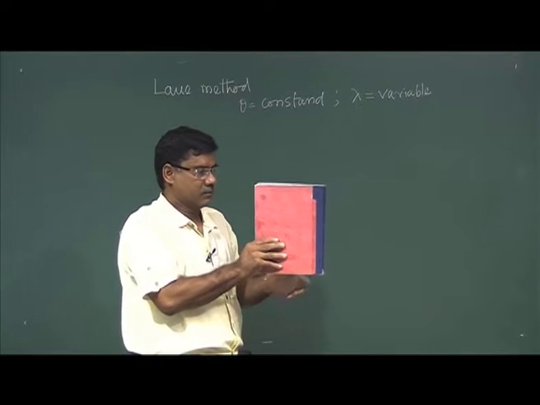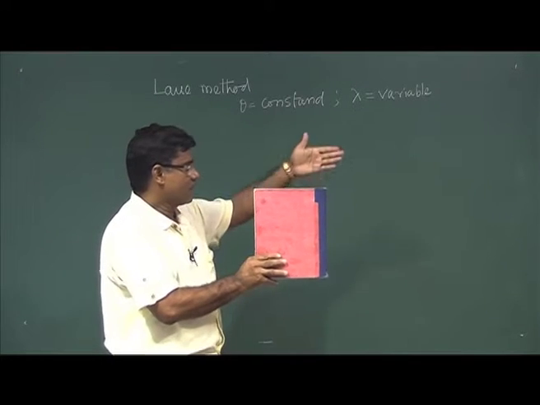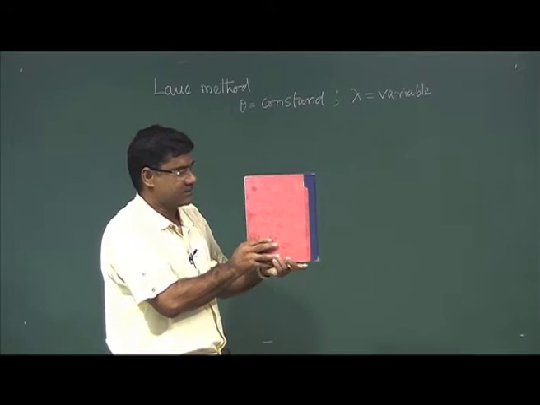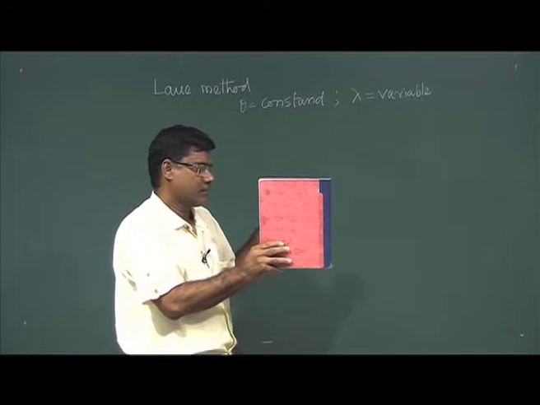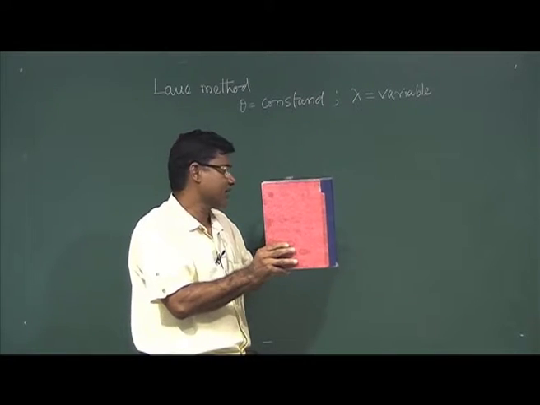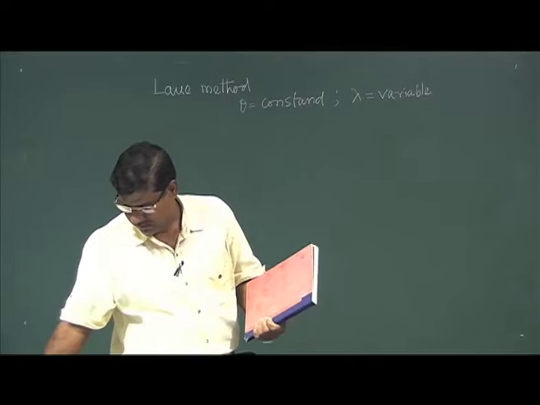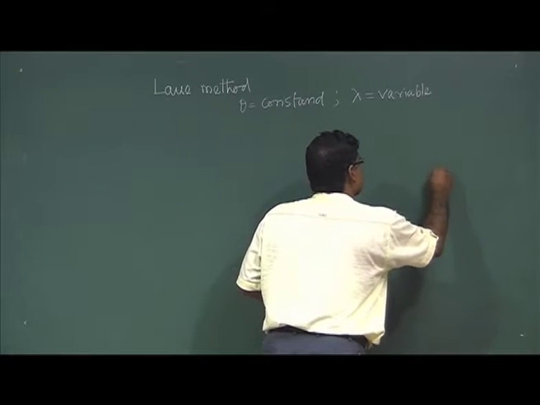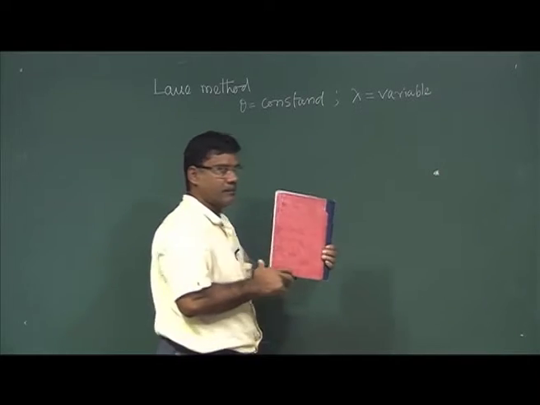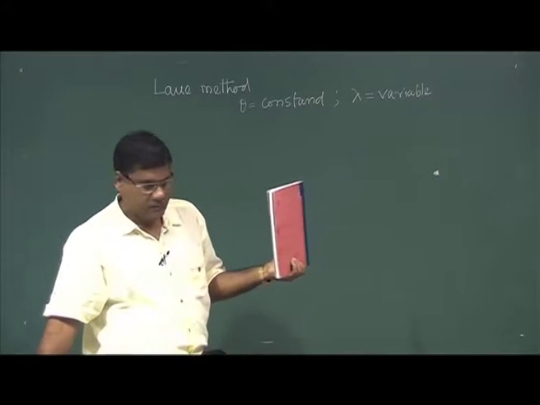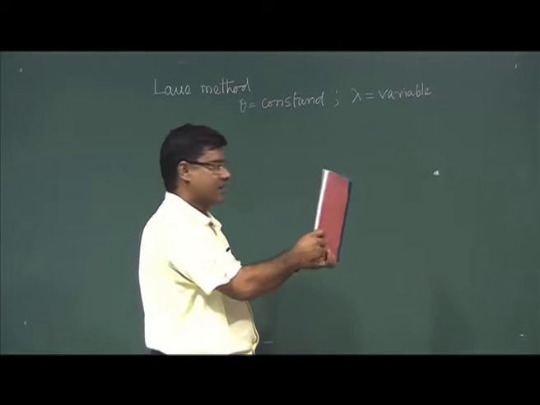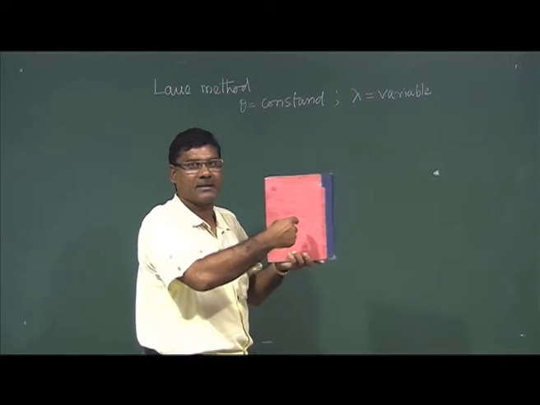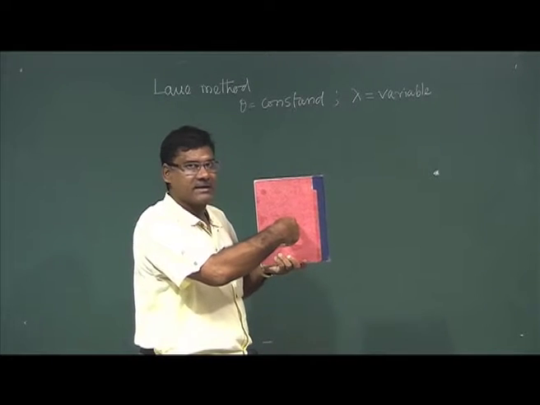If I put an X-ray plate here, I will get a spot at the center, along the direction of the incident X-ray, on that photographic plate, right. Now, the X-ray is falling on this crystal.